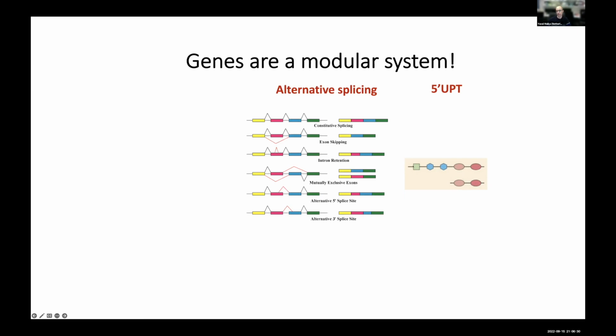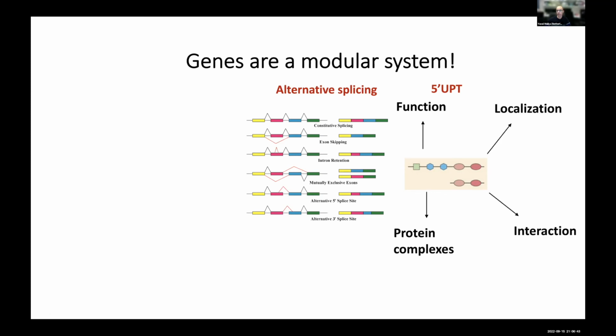They're not working as entire sets of domains, but can work independently as independent domains, which can affect the function, localization, interaction, protein complexes, et cetera.